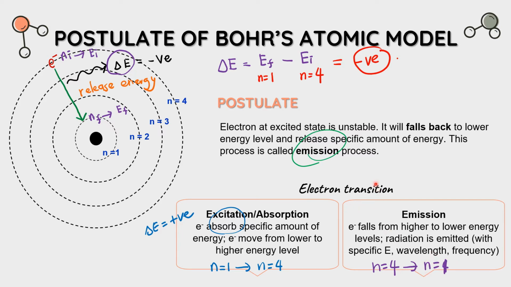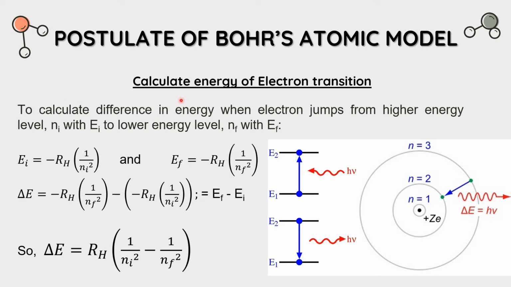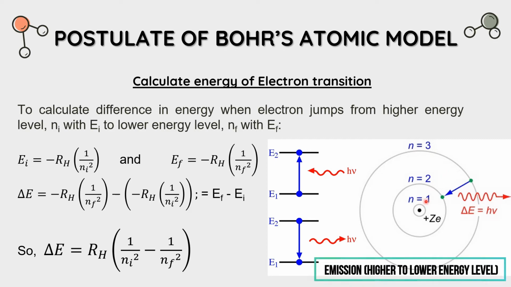So for this electronic transition, whether it is in excitation or emission, you will be able to find their delta E value. In absorption or excitation, delta E will be positive, and in emission, delta E will be negative. To calculate the energy of an electronic transition, for example in this emission process, you must be able to identify its final and initial energy states.